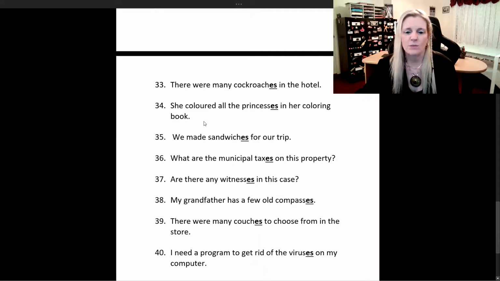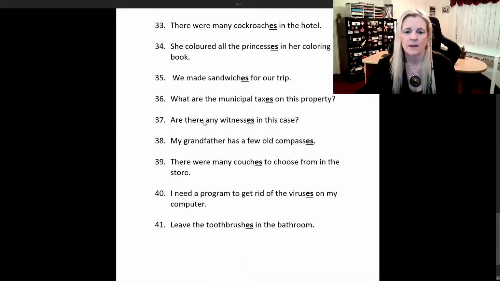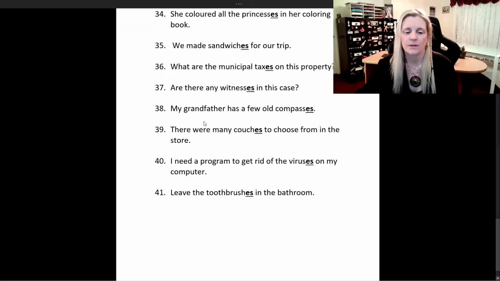Are there any witnesses in this case? My grandfather has a few old compasses. There were many couches to choose from in the store. I need a program to get rid of the viruses on my computer. Leave the toothbrushes in the bathroom.